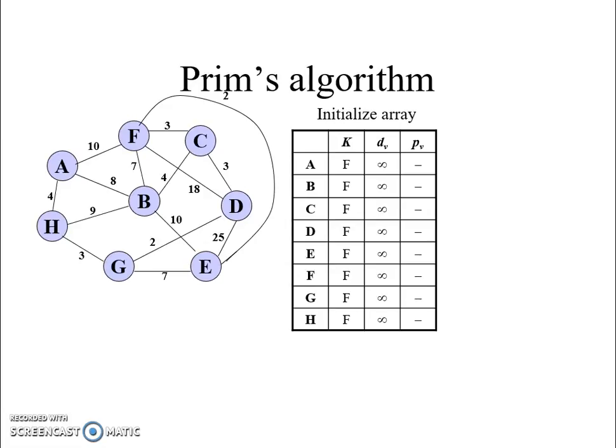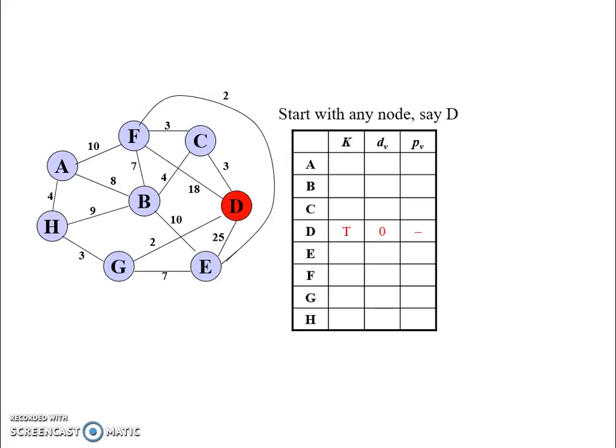Initially the distances all have the value infinity and K has the value false. Now we can start with node D, which is the starting node. So initially we change the value of K for D to true and the distance to 0.